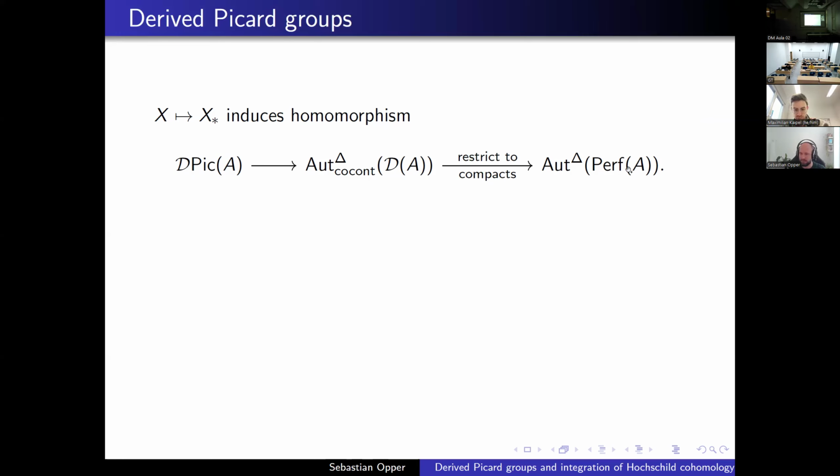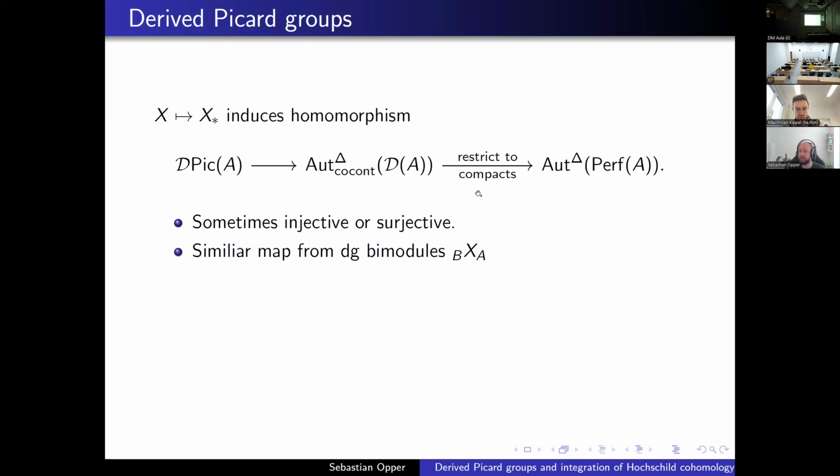So overall, this is compatible with compositions and multiplication, and you get a group homomorphism from the derived Picard group into the group of triangulated autoequivalences of this triangulated category. So in some cases, this is known to be injective or surjective. And although I don't have a concrete example where it's not one of them, there's a related problem, which is slightly more general, where it's known to fail.